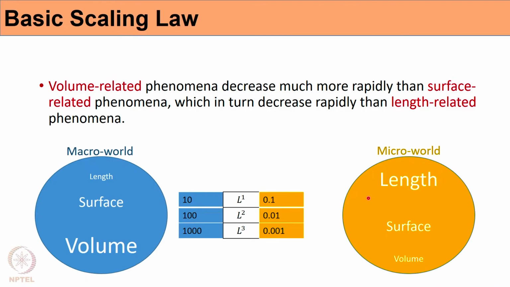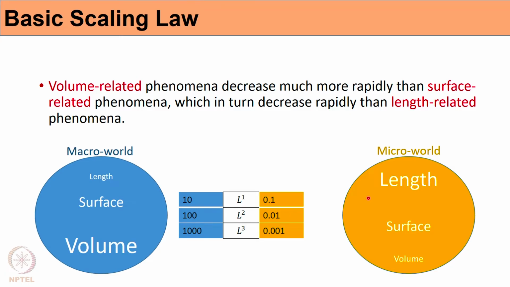This is the basic scaling law, where you can see that some phenomena which are related to a single dimension, or only the length scale, go by 10 times, meaning they increase by 10 times or reduce by 10 times while we increase or decrease the size.